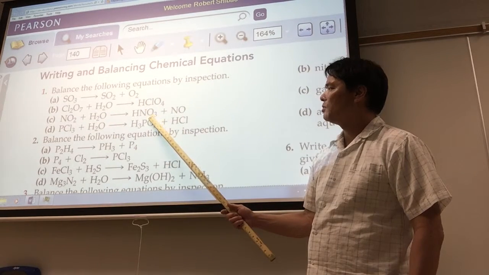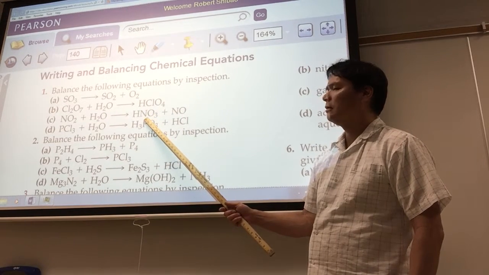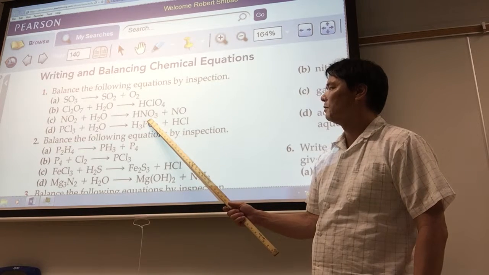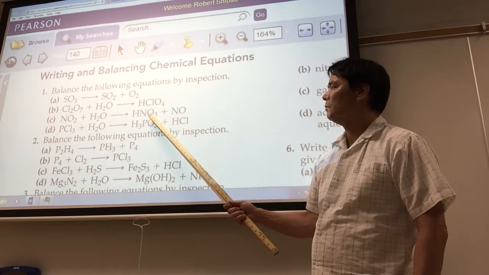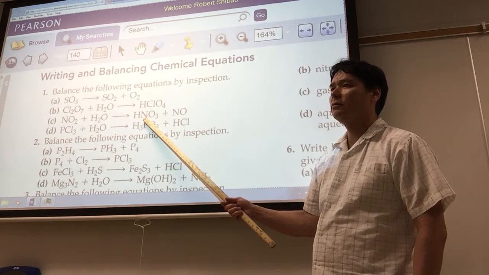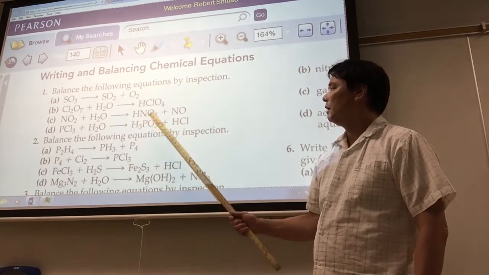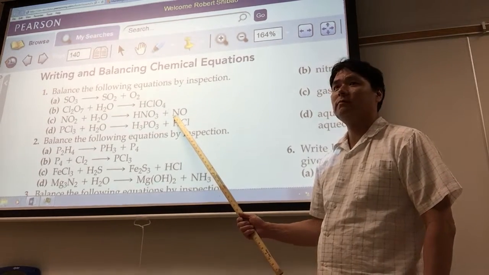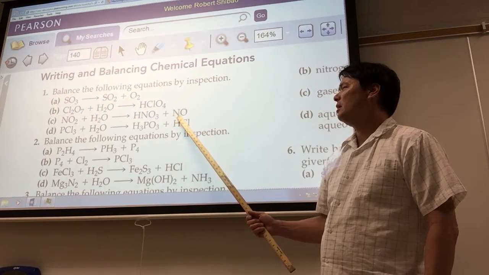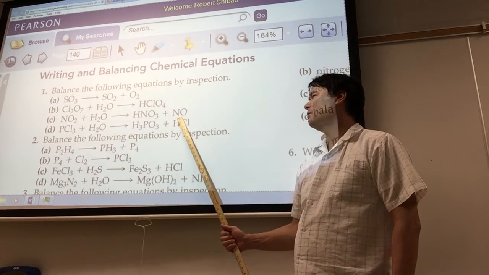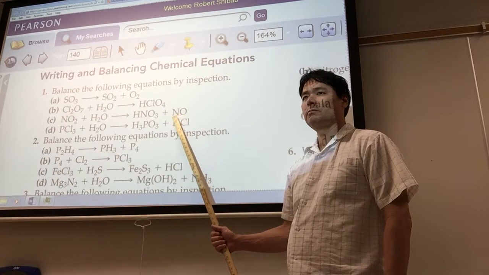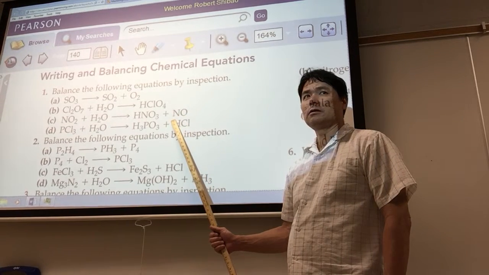How about nitric acid? What are the oxidation states here? -2, +1, and here you go, +5. And then this one, what is this called? Nitrogen monoxide. Nitrogen monoxide is -2 for oxygen.